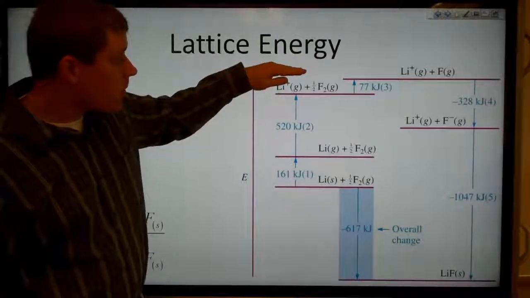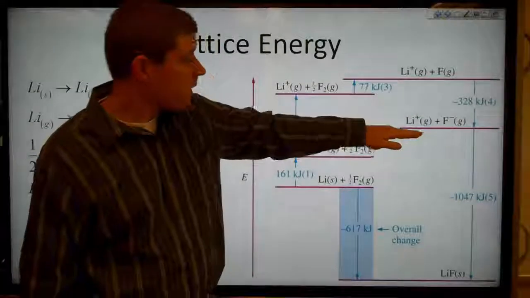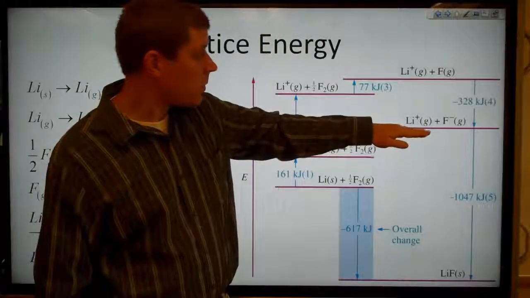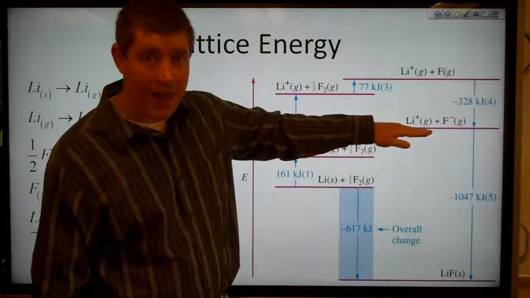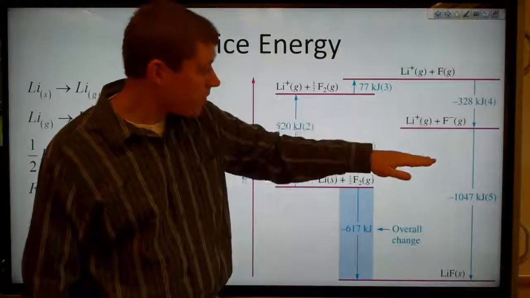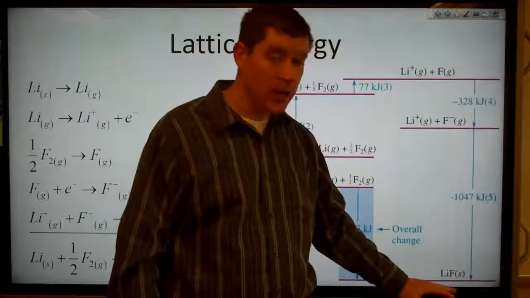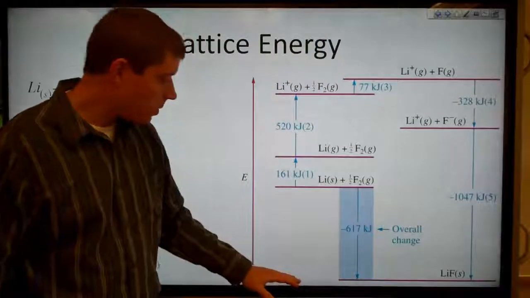And then we have to add a little bit more energy as we break apart the fluorine molecule. And then we get back some energy as we ionize our fluorine atoms to fluorine ions. And then when we allow our lithium and fluorine to combine together, we end up way down here, we get a lot of energy out, and we end up here with lithium fluoride.